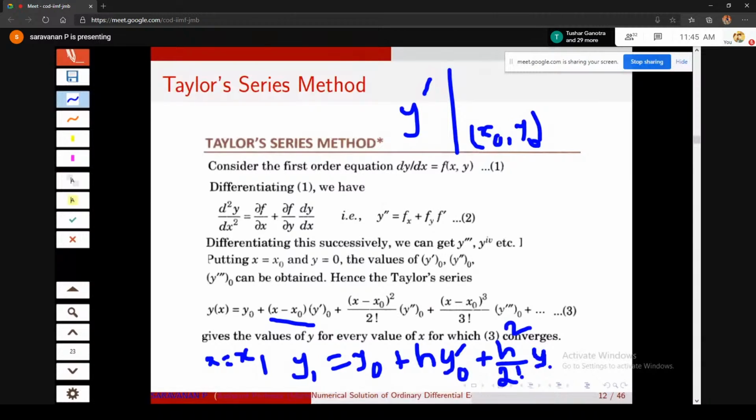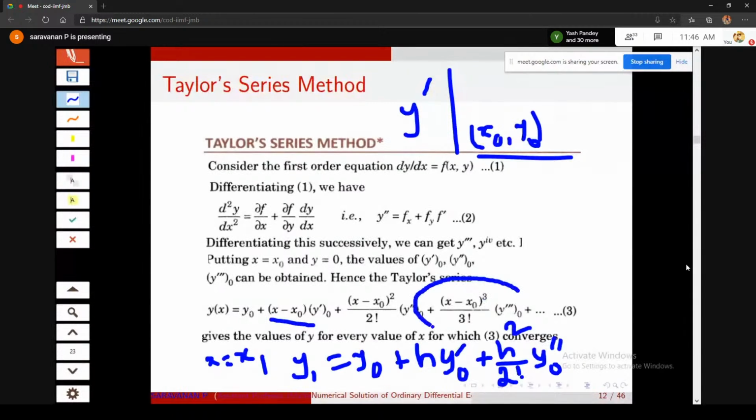What is y0 double prime? d square y by dx square, d by dx of y dash. You differentiate twice, whatever y is there, you find d square y by dx square. There in place of x and y, you substitute x0, y0. Okay, you will get this.